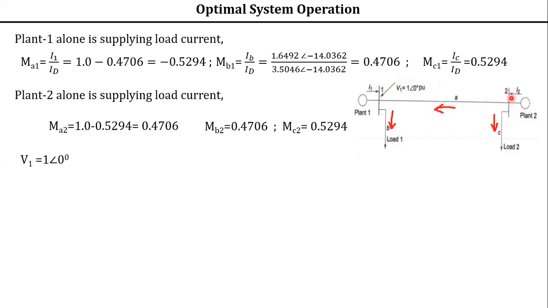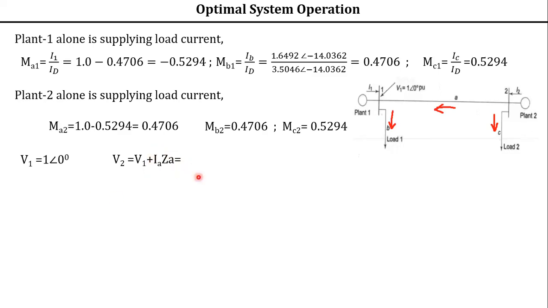So V2 is equal to V1 plus the drop across this one, IA into ZA, like your KVL.